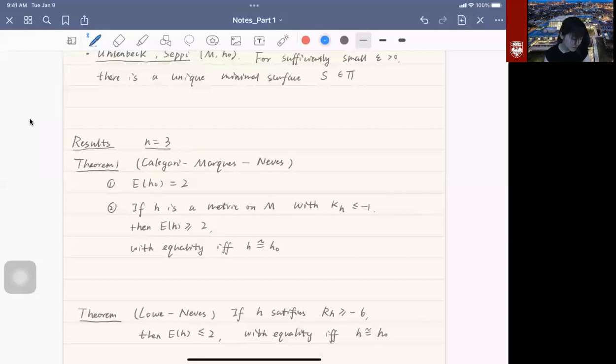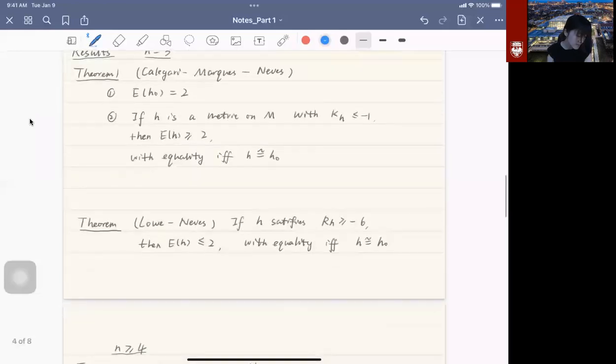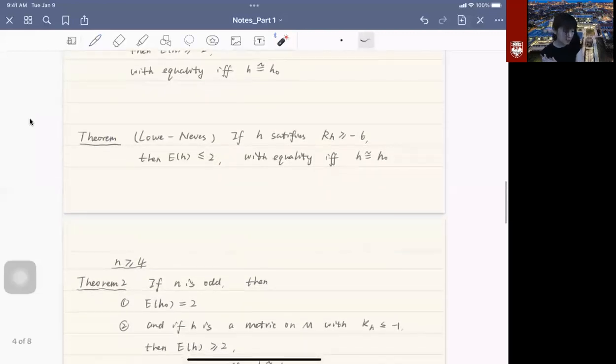And equality holds if and only if h is isometric to the hyperbolic metric h_0. Recently, Lowe and Neves showed that, on the other hand, if we have another metric whose scalar curvature is greater than or equal to -6, then the minimal surface entropy is even smaller. That's less than or equal to 2, and this is also rigid.